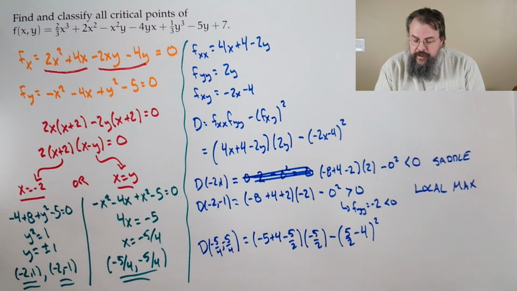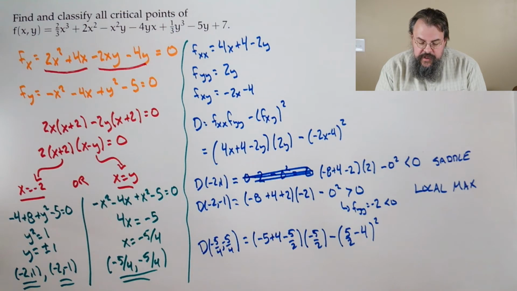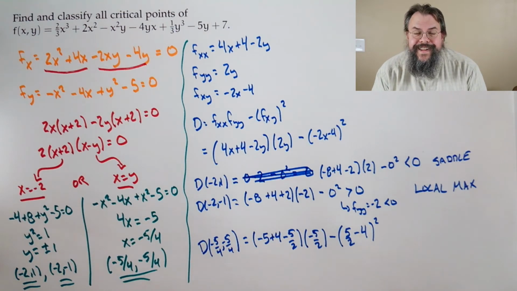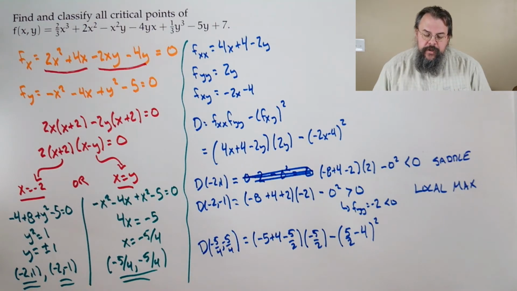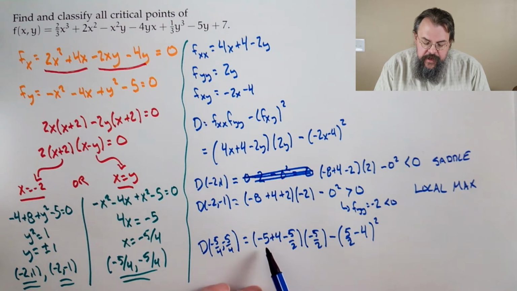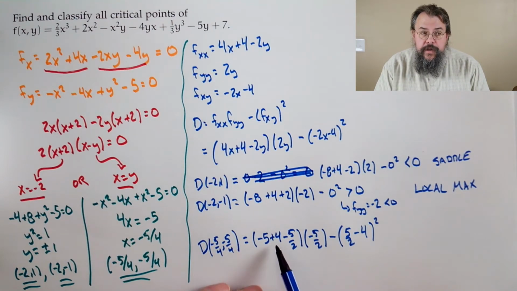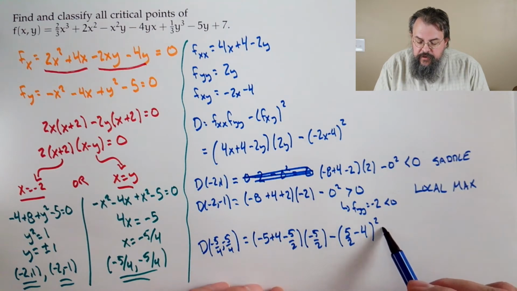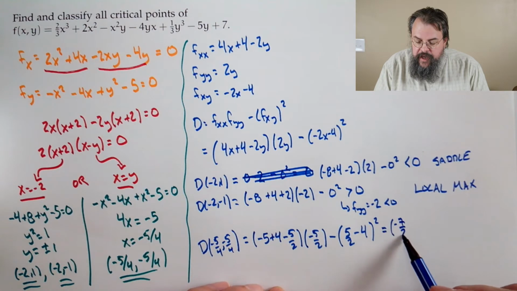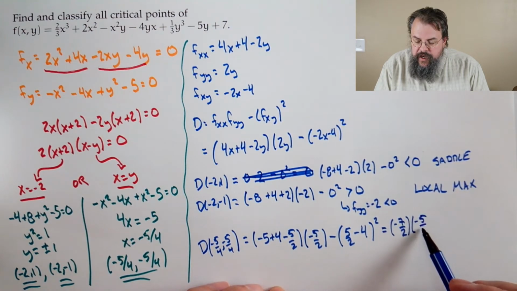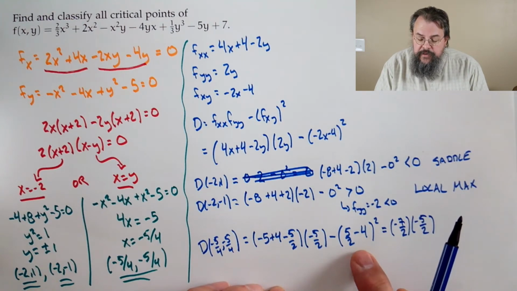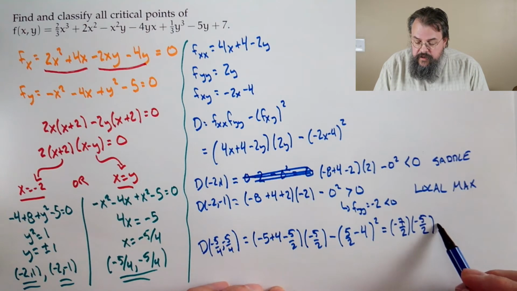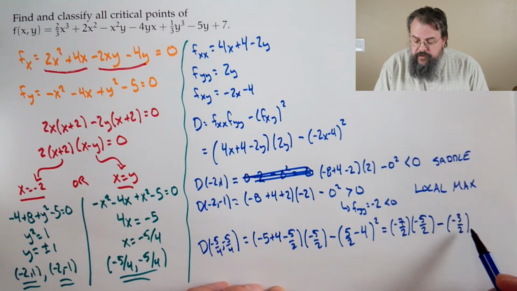Well, let's be careful, right? That's a good piece of advice. We like it when we're careful. So negative 5 plus 4 is minus 1. And now we take minus 1, subtract 5/2. That's really minus 7/2. And here we have minus 5/2. Now, 5/2 minus 4 is the same as 5/2 minus 8/2, which makes it negative 3/2, squared.